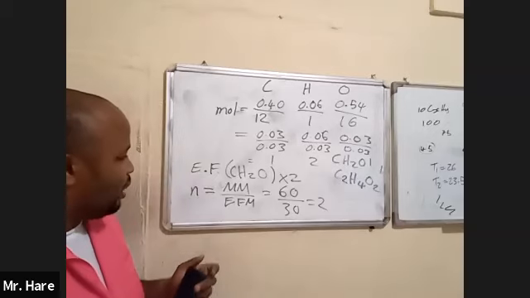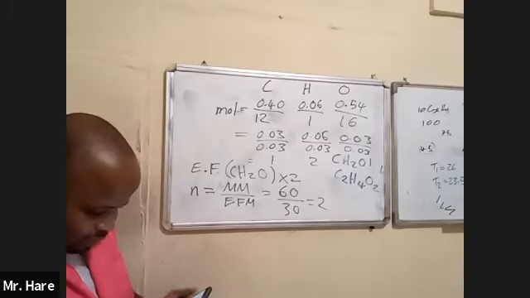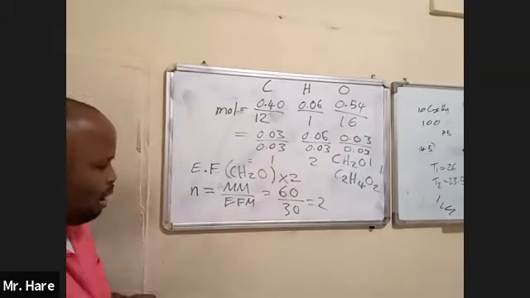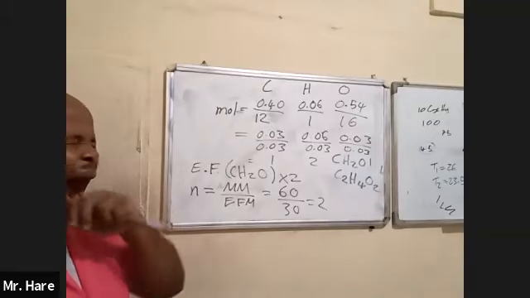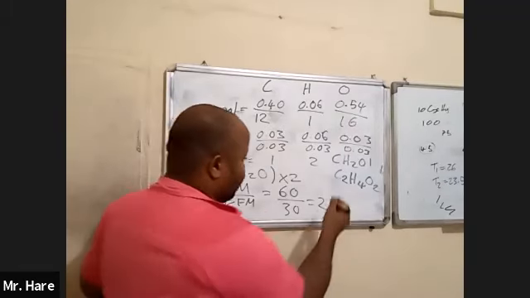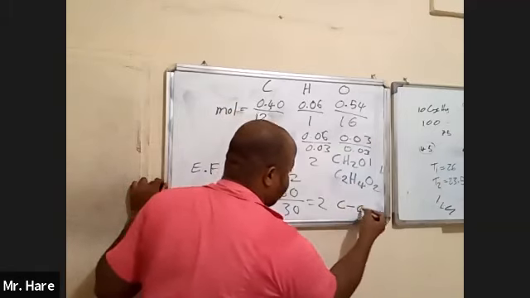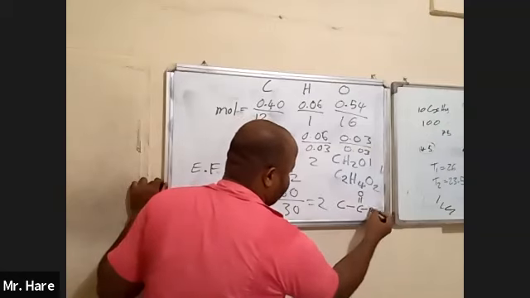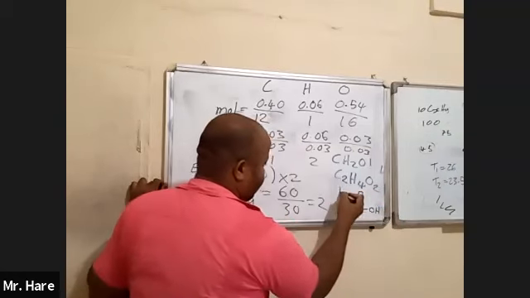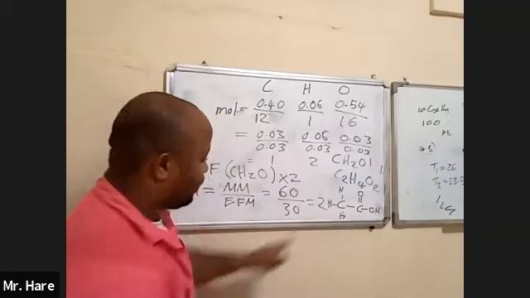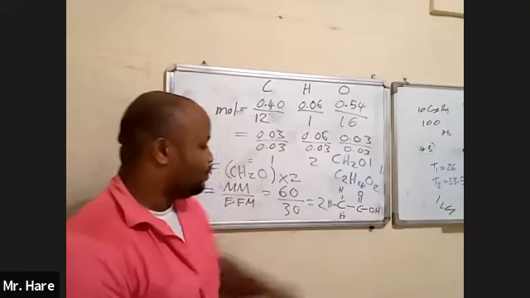So what is compound A? It says write the general formula of the homologous series to which compound A belongs. It's an acid. It's a carboxylic acid, 2 carbons, double bond O. Is it ethanoic acid, sir? All right, C2H4O2.